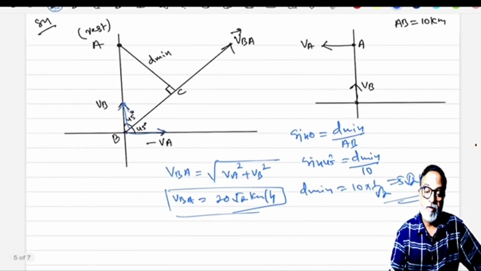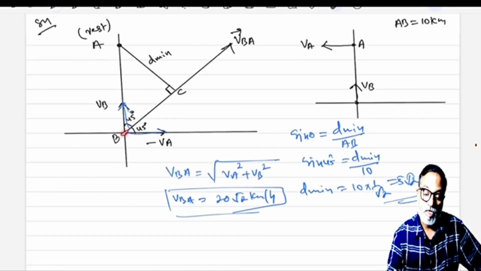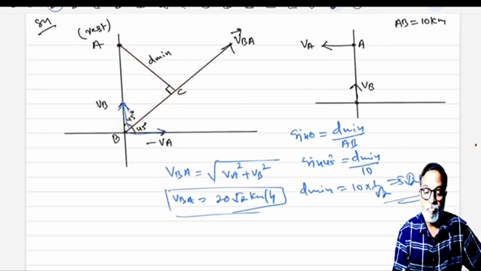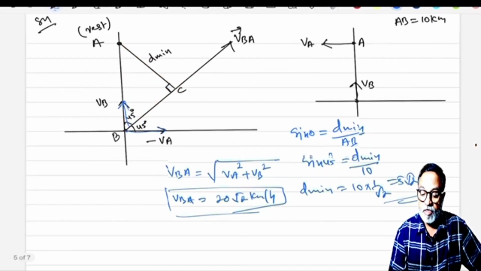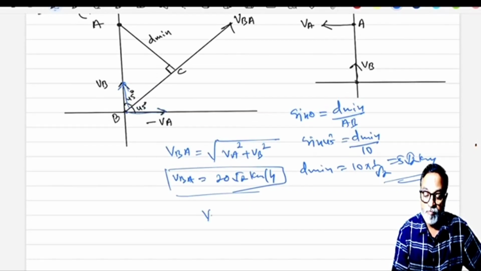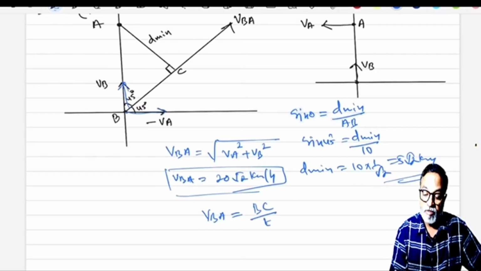Then what is the time taken? The time taken from here to here. In this direction the velocity is VBA. Therefore, here the angle is 45 degrees, so both are the same. Therefore, the velocity of B with respect to A is equal to the distance BC by time t.